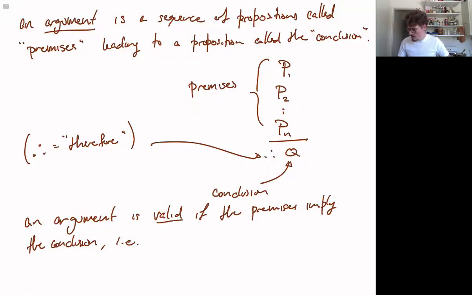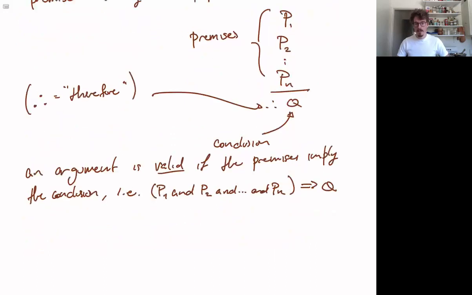That means the proposition P1 and P2, so all of our premises connected by and, implies Q. So this is some proposition. And the argument is valid if this proposition is a tautology, if it is always true.